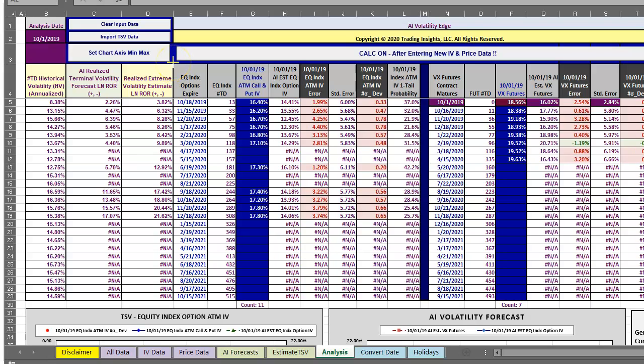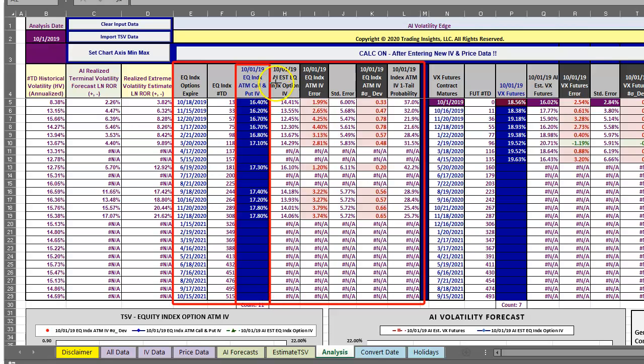All right, let's begin with evaluating the table in the worksheet that covers the rich cheap analysis of at-the-money equity options. What we see here on the left-hand side are the option expiration dates. We see the number of trading days into the future for each one of those options. This is the data that we imported from the TSV worksheet, which are the implied volatilities.